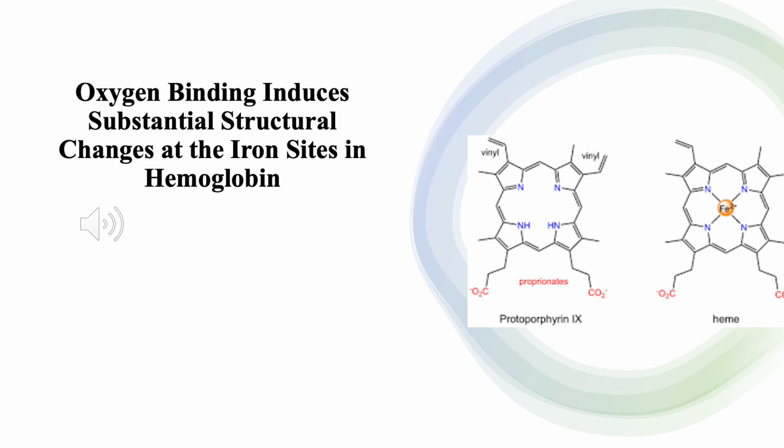A decrease in pH shifts the standard curve toward the right. This occurs because at greater hydrogen ion concentrations, various amino acid residues such as histidine stabilize deoxyhemoglobin in the T state.